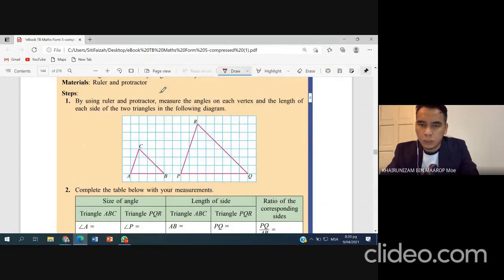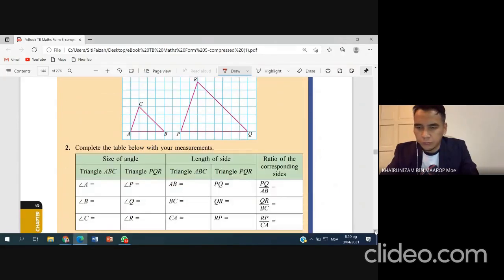I just use a computer here, so I cannot use a protractor. But for you, you can use your protractor to measure the size of the angle. I want to emphasize the length of side. Cikgu mau tekankan pada length of side.